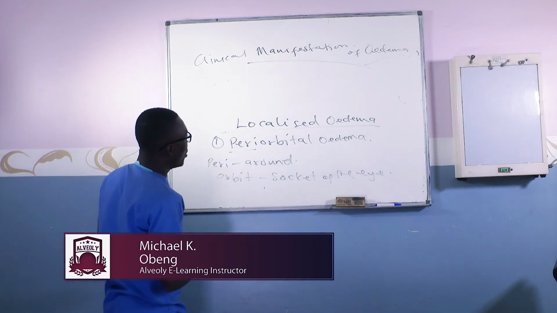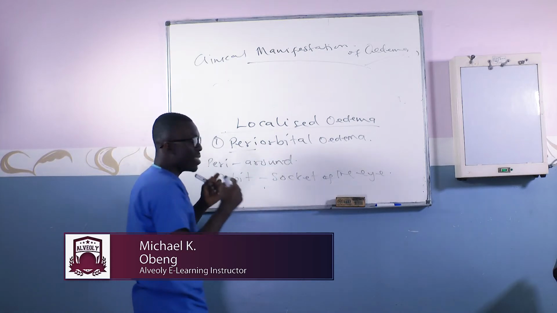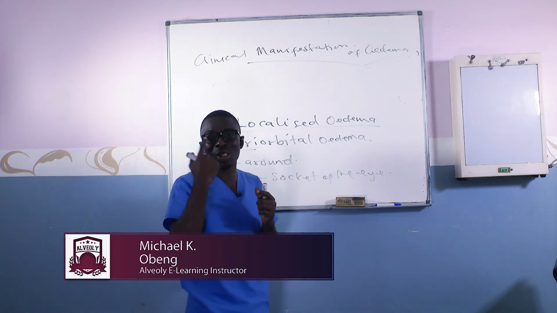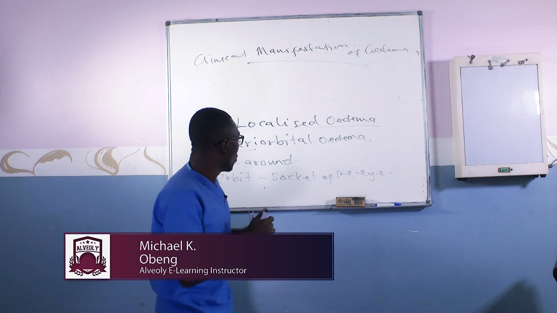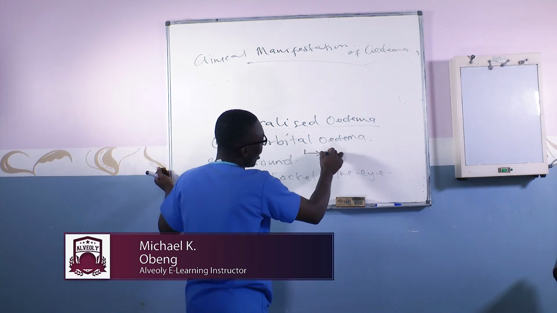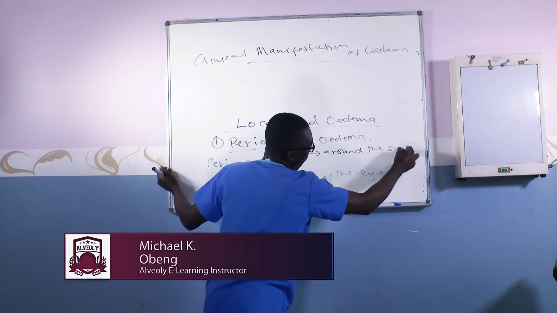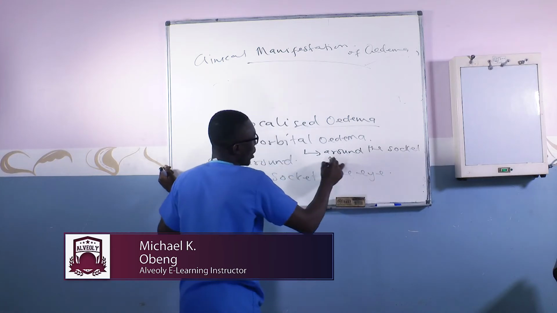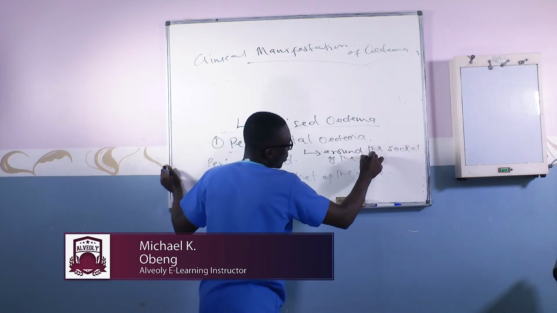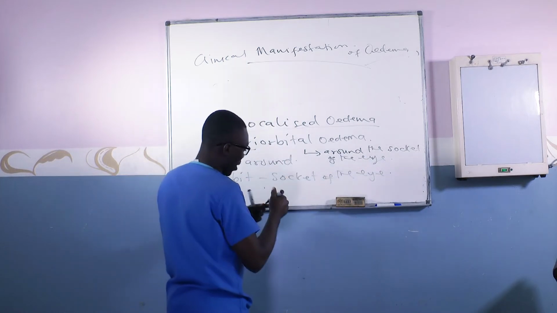Hence, combining these 2 words, periorbital edema implies edema that occurs around the socket of the eye. So you see that this form of edema is only occurring around the socket of the eye. Hence the word periorbital edema.